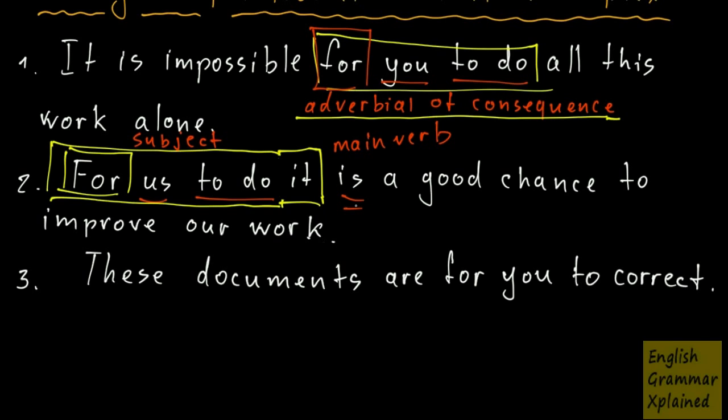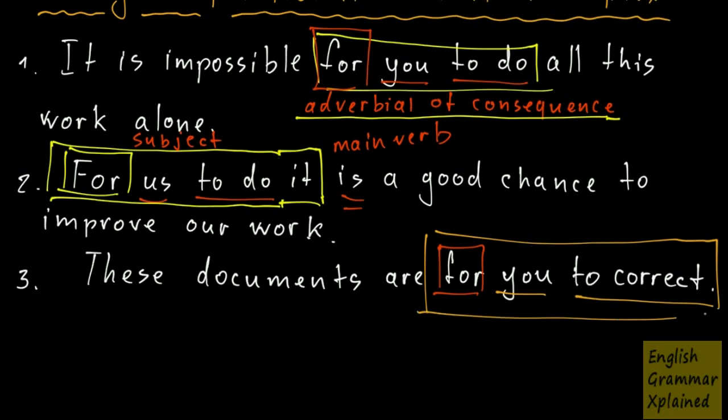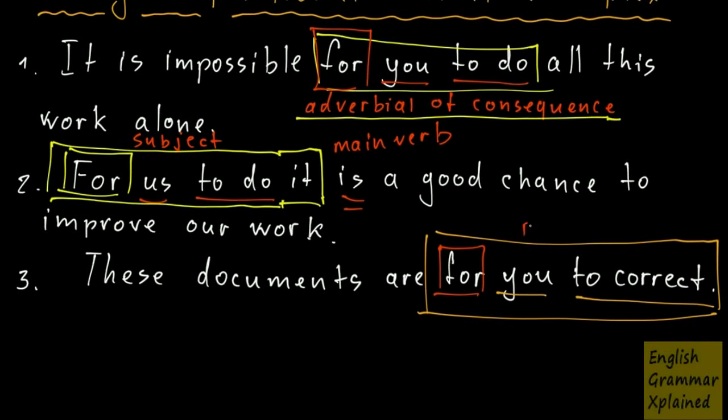I miss mistakes. That doesn't matter. So, where is my complex? This is here. This is my preposition, then my object, and then my infinitive. And this is my complex here. And here, it is a predicate.